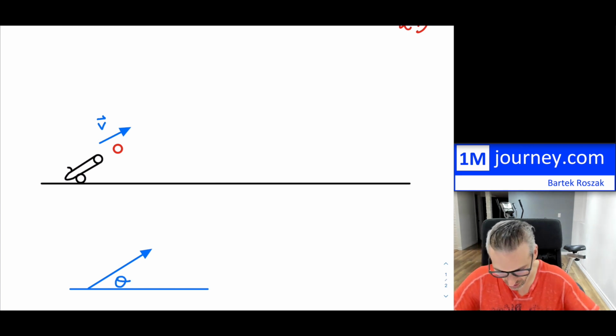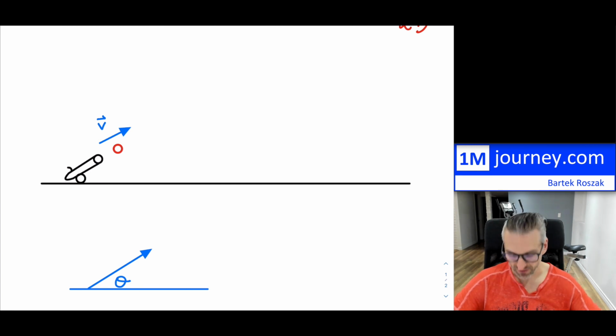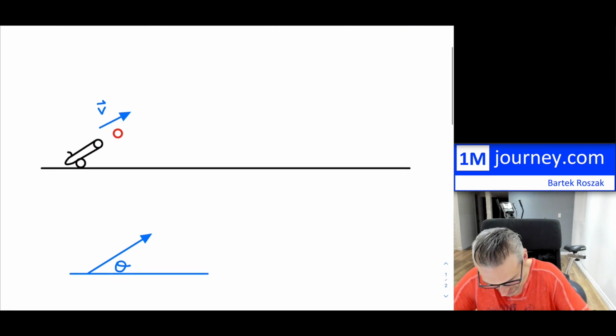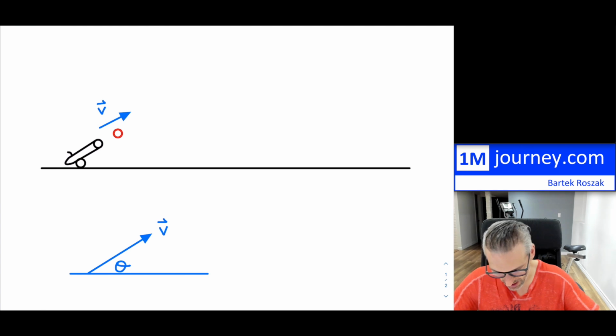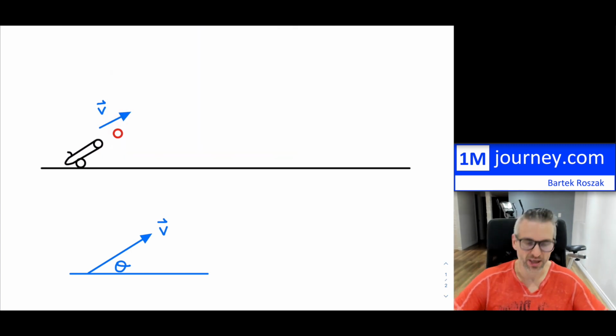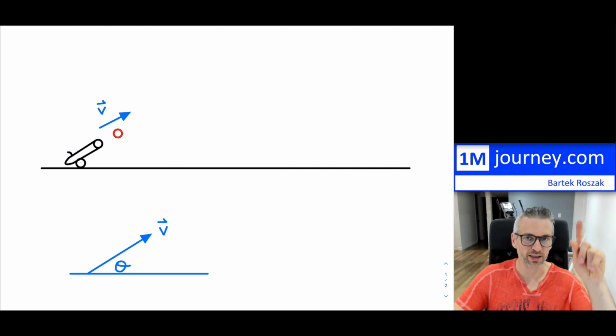We'll call that angle theta, and this is the vector v. And notice that the cannonball has both a vertical and a horizontal direction. Well, we know how to break down a vector into its vertical and horizontal components, so its x and y components. I can put up a link above if you've forgotten it.